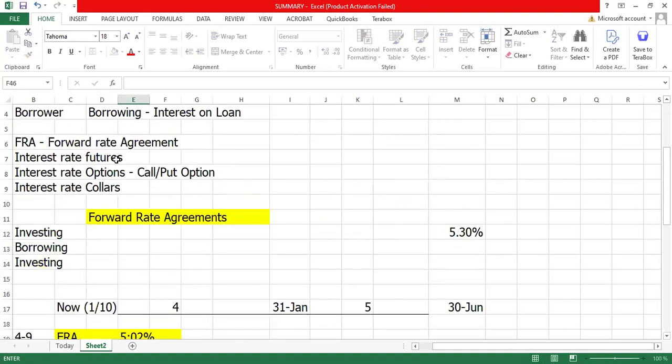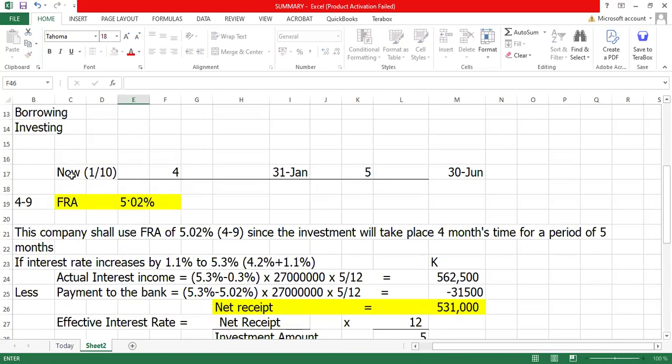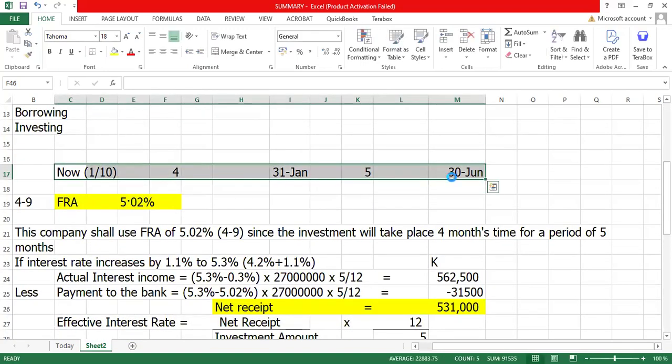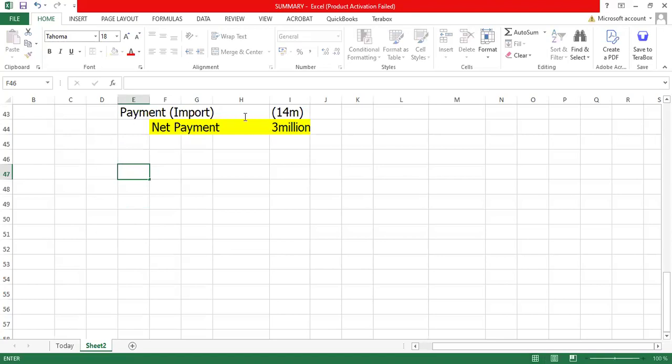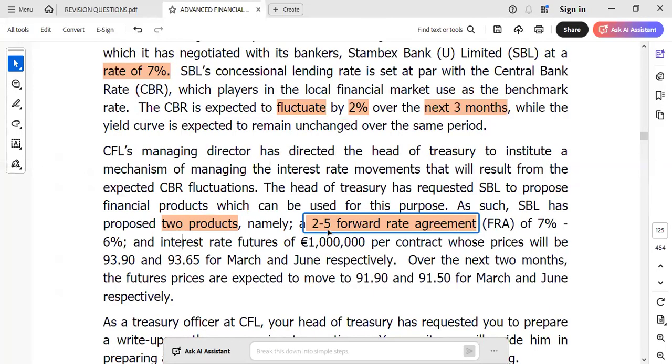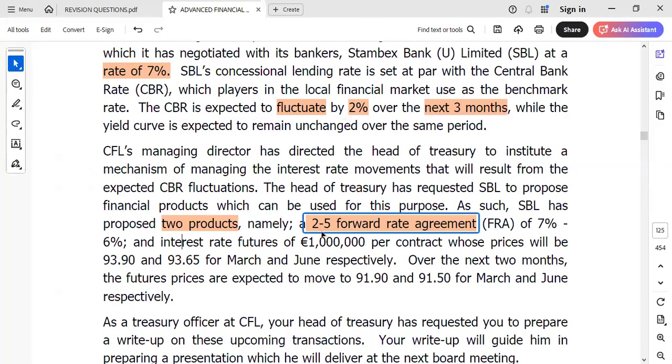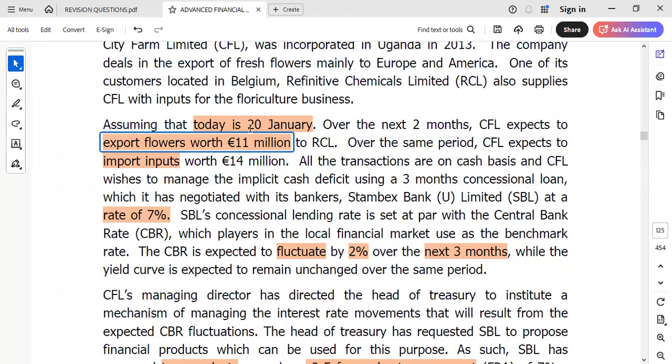Looking at now, using the same idea here. Now is which date? Because in some questions you'll find that you're given different rates. You have 2 to 5, you have 3 to, let's say, 5 to 8, depending. You need to know which one to use. So you look at now.